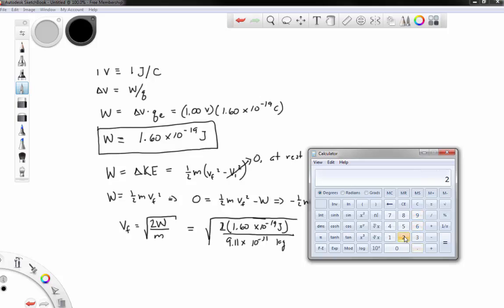We have 2 times 1.6 times, to enter this power of 10 to the minus 19, we basically go 19, it's minus, and it's 10 to the x. Okay, and then that is going to be divided by 9.11 times 10 to the minus 31.